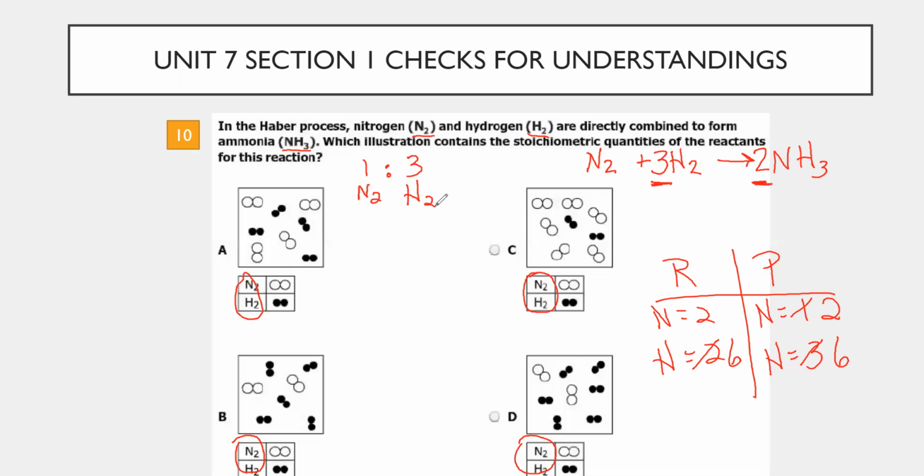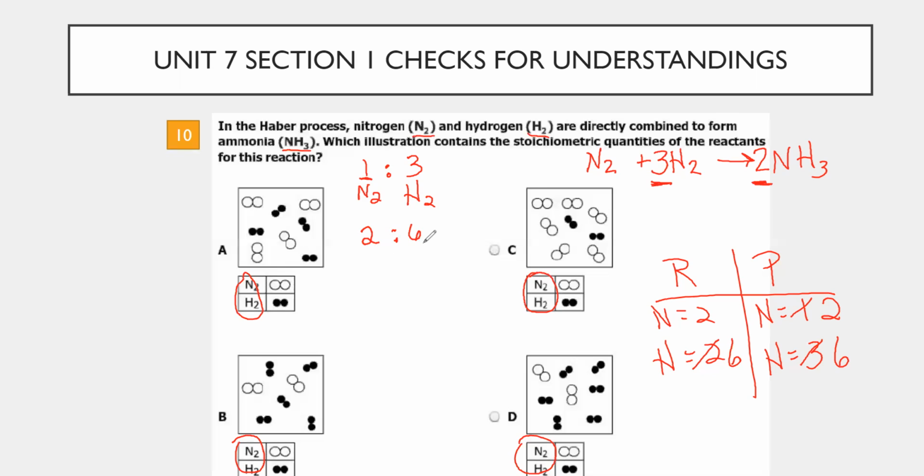The N2s are the white ones. Okay, and there is no one of anything. There's multiples of each. So when this happens, you just bump up the ratio. Okay, let's bump this up, multiply everything by 2. So 2 times 1 is 2, and 2 times 3 is 6. So let's see if this ratio works, 2 to 6.